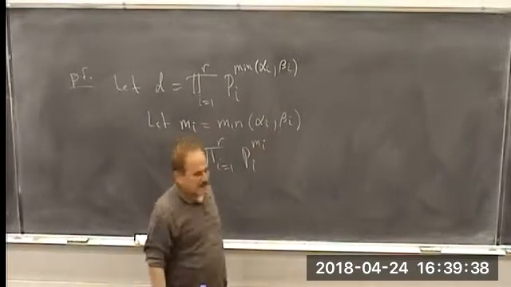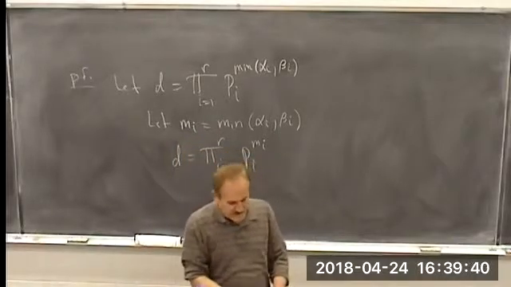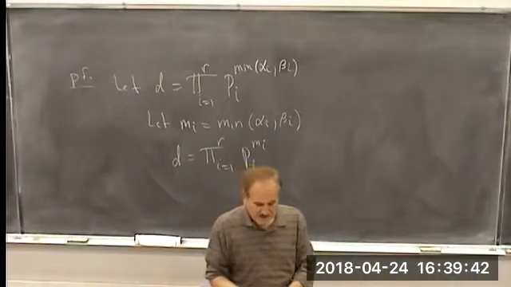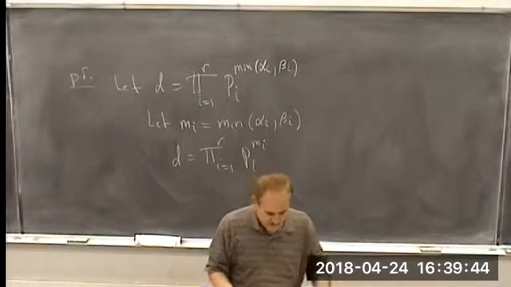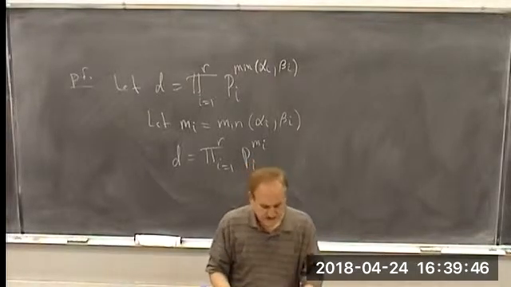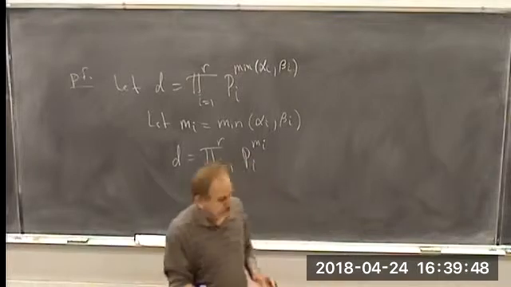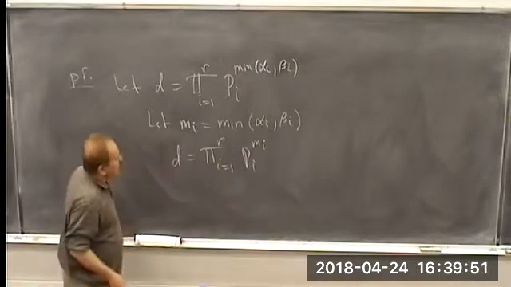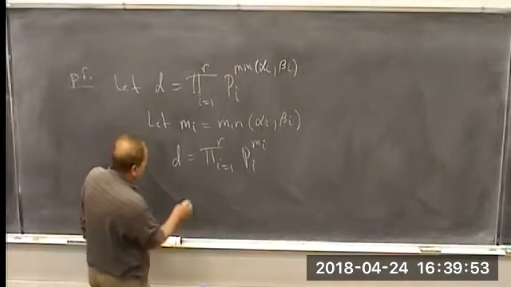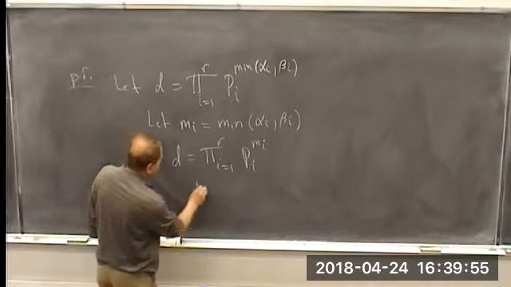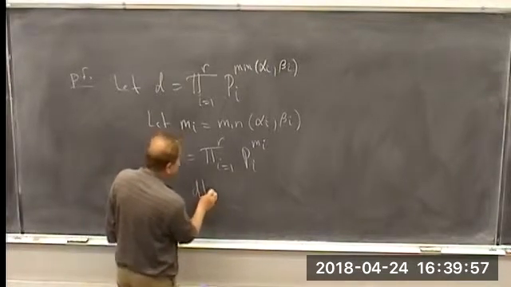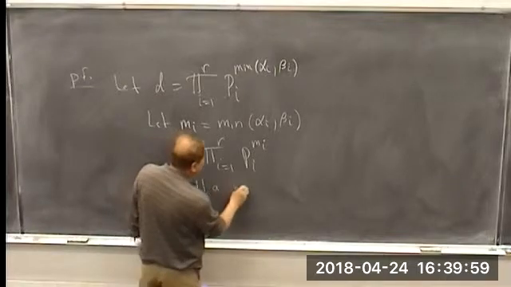All right. Now let's see why D is a common divisor. So we have D divides A and D divides B.